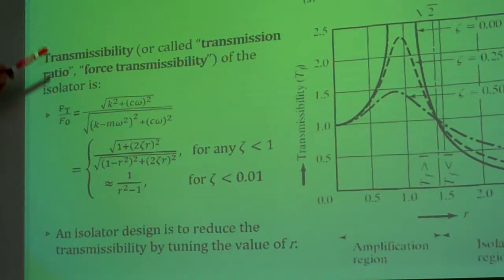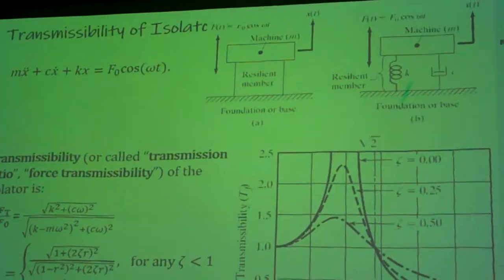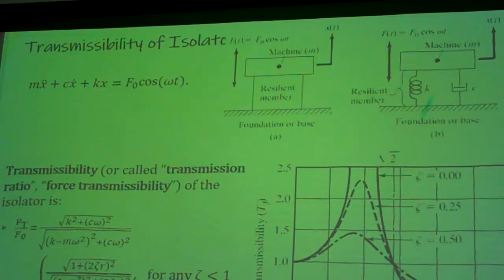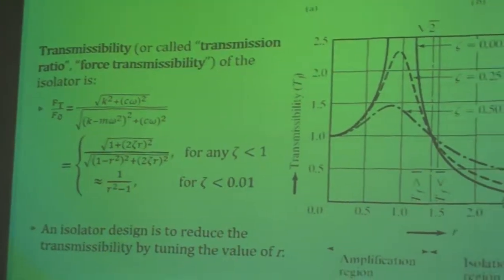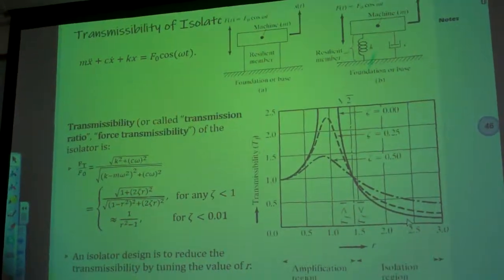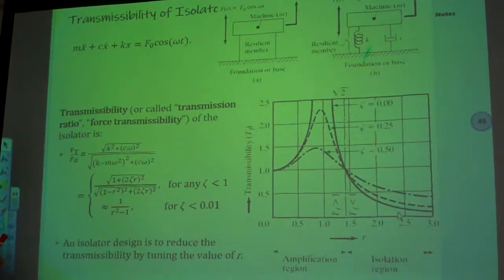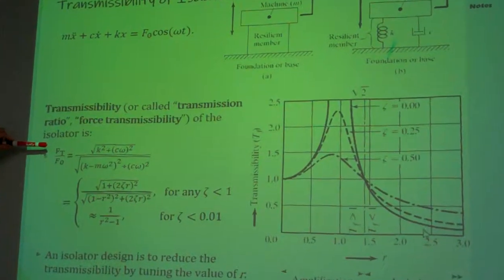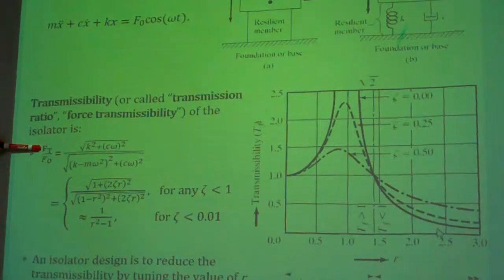This page summarizes the first design aspect of vibration isolation, and that means our focus is on the determination of how much force is being transmitted to the ground. Okay, again, this ratio, and if you like, you can put a note on the numerator here.